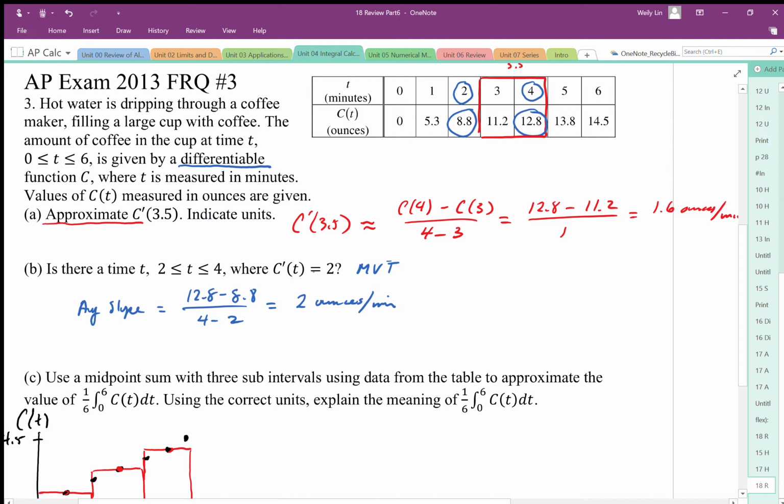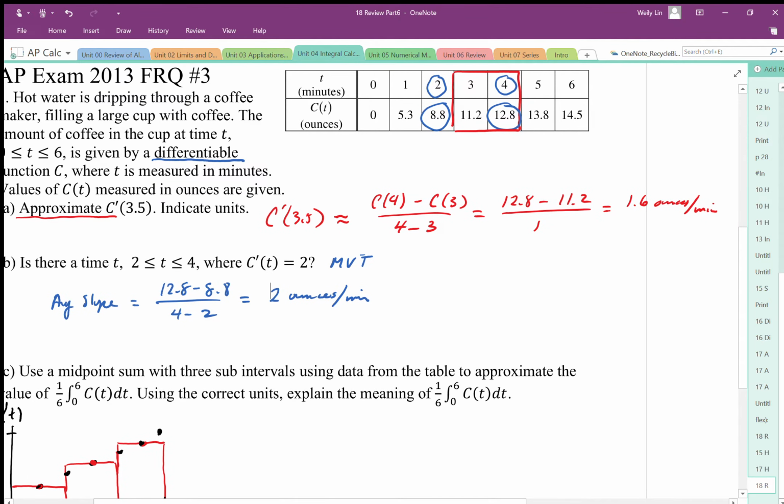We know that the instantaneous slope must at some point, because it's smooth and continuous, equal a value of 2 ounces per minute. So by mean value theorem, we know that c prime of t equals 2 at at least 1 point, and that's going to happen in the time interval between 2 and 4 minutes.